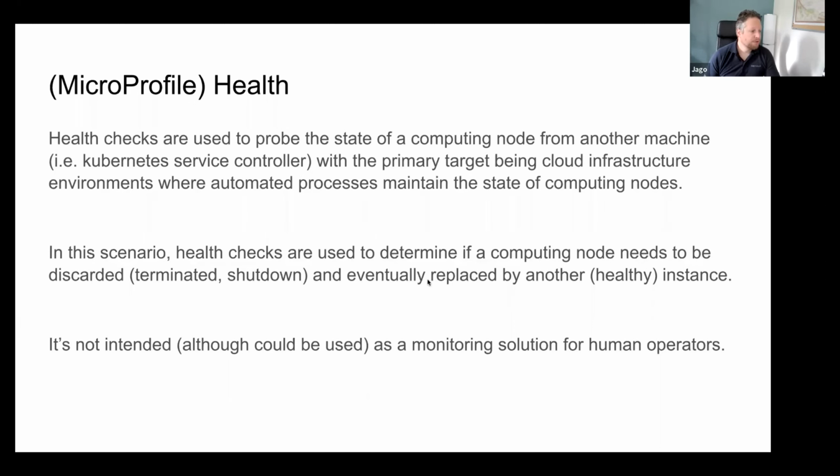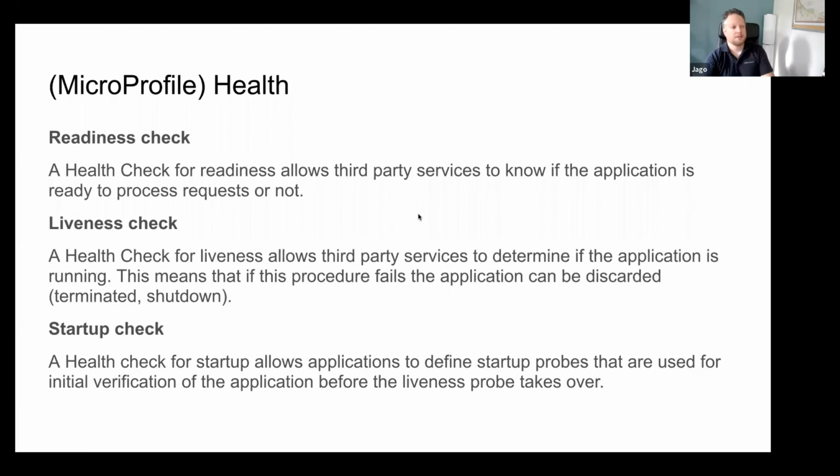So there are some different types of health checks included. So there is a readiness check that is not called on the health endpoint, but on readiness. And that will allow you to see if your process is already running or not.